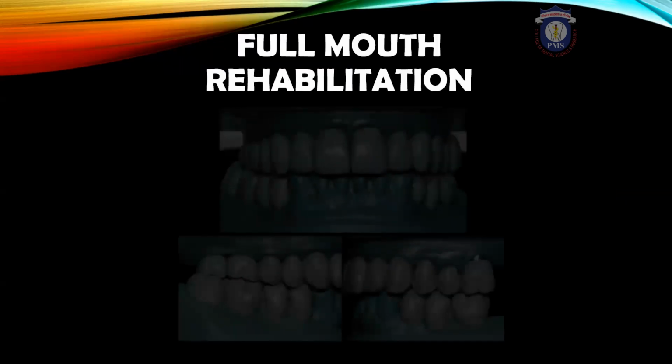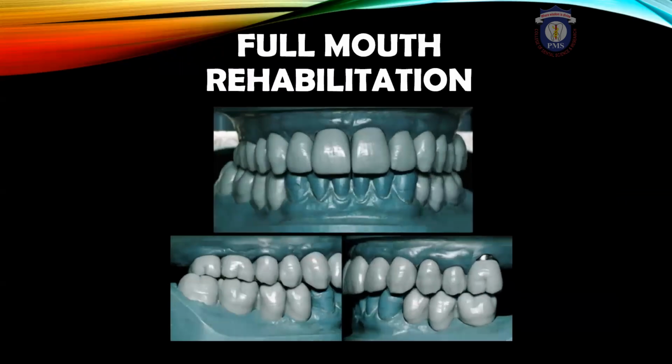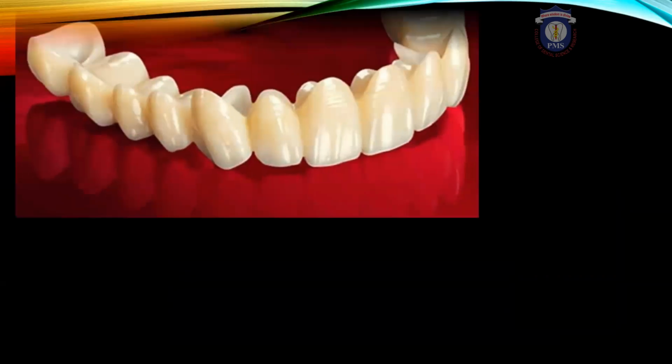When you come to full mouth rehabilitation, this is a case where all the teeth have been placed aesthetically and functionally well, so we can give a very good aesthetic value to the patient.